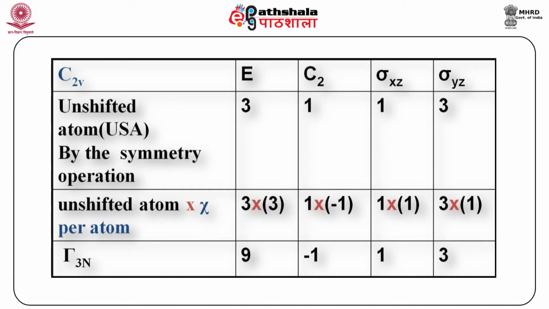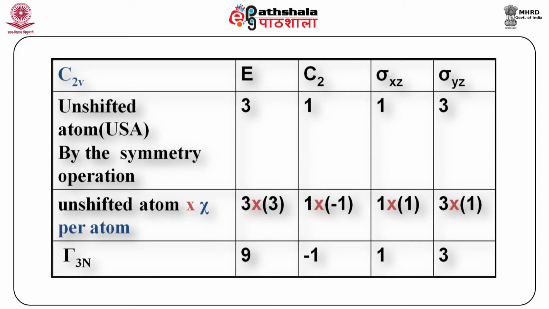Now I multiply these unshifted atom numbers by the character of the 3 Cartesian coordinates, if I am taking the 3 Cartesian coordinates as a basis. For E, what we have learned is that the character for 3 vectors is 3, so 3 into 3. Let us go to the C2.